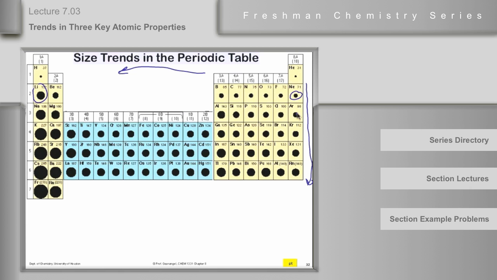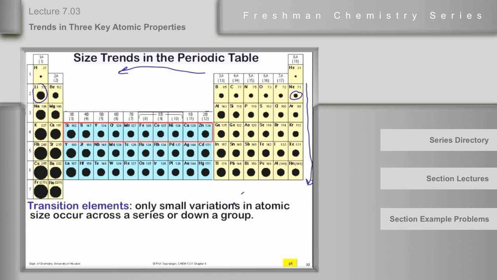The little atoms, bigger, bigger, bigger, bigger. So the trend of size is increasing down and increasing from right to left, and increasing from top to bottom.